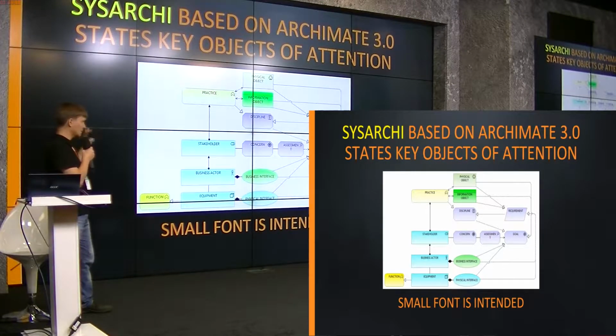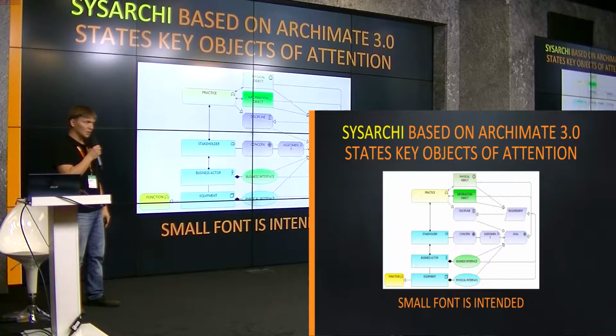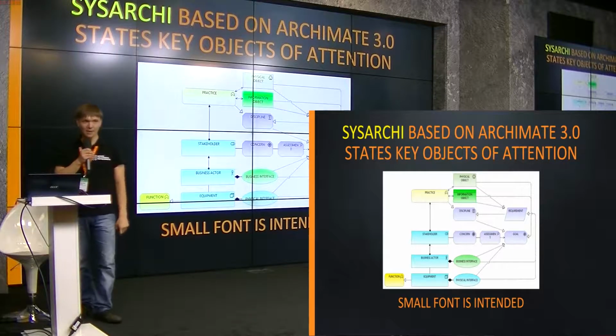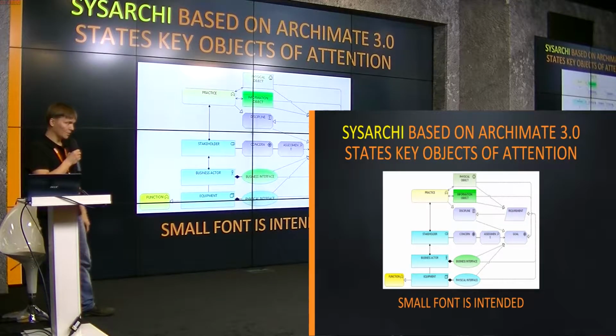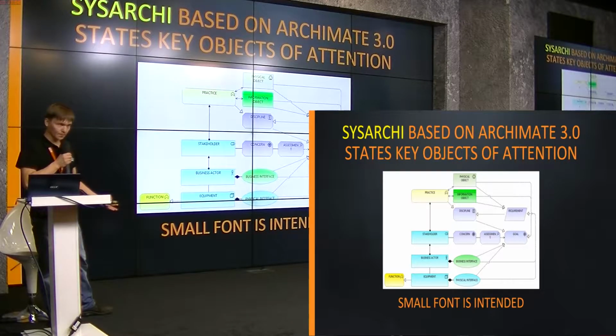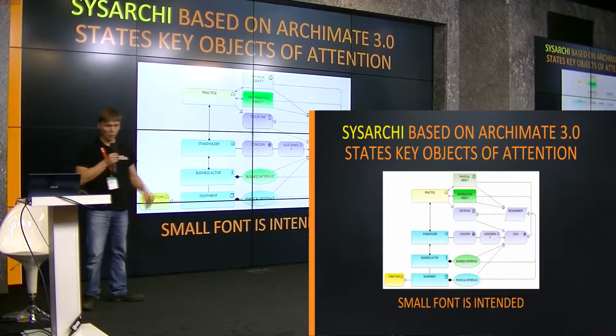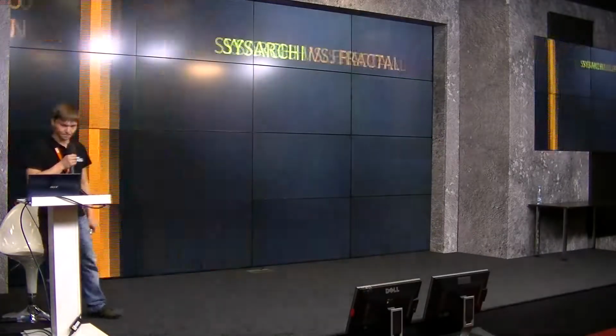All you need to understand is that the meta model of SysArchi is a very small one. You can actually start modeling that in one day. Or if you're talking about a team, in a couple of weeks, you can build on that. And that's the objects of your attention, or objects of attention of your team.